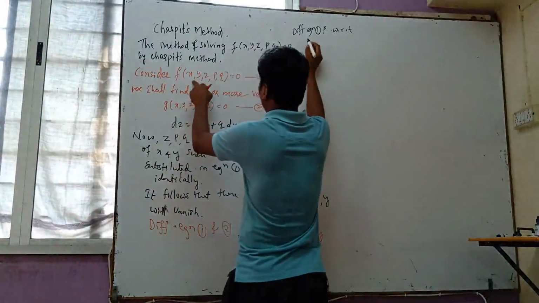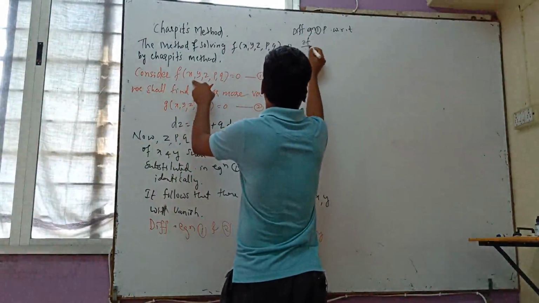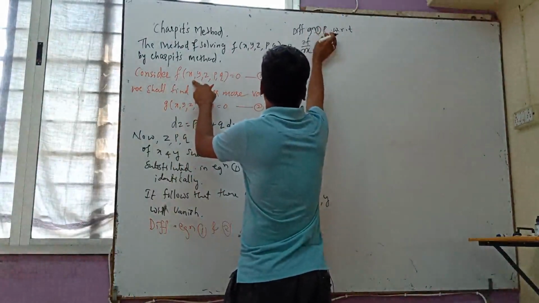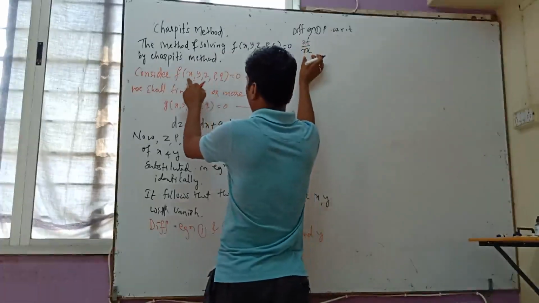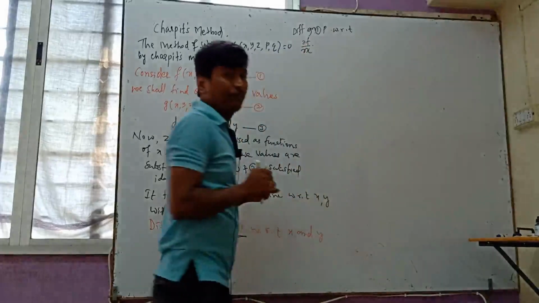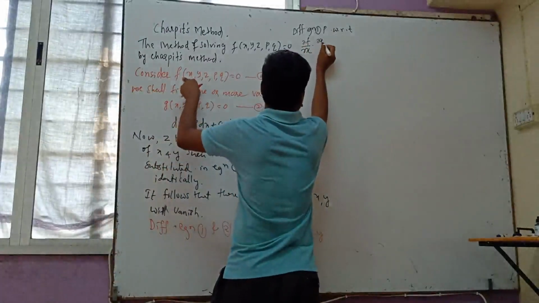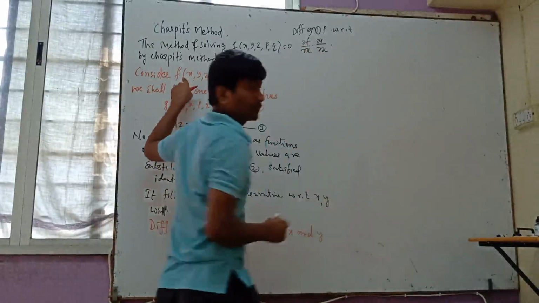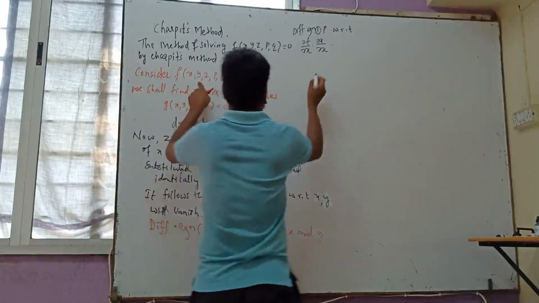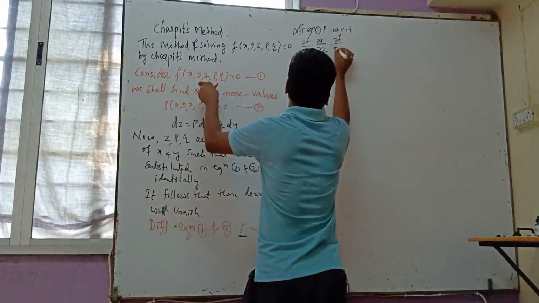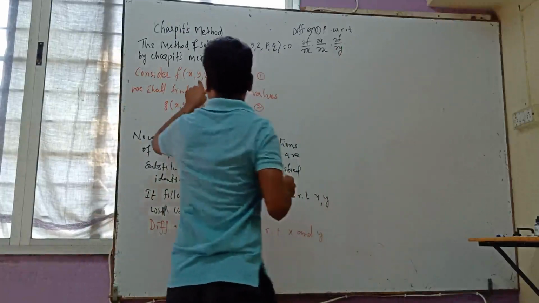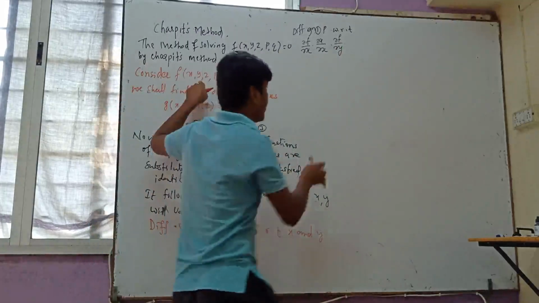That is dou f by dou x, partial differentiation. Dou f by dou x into dou x by dou x. And the next one is dou f by dou y, with dou y differentiated with respect to x.